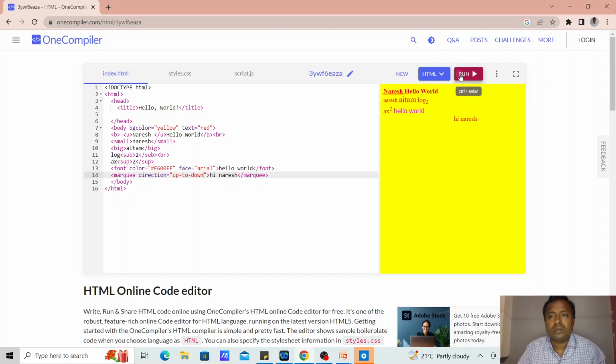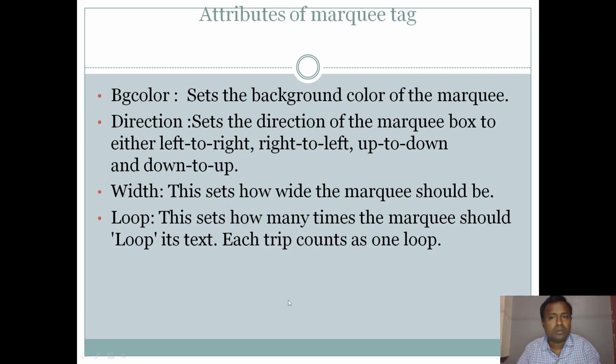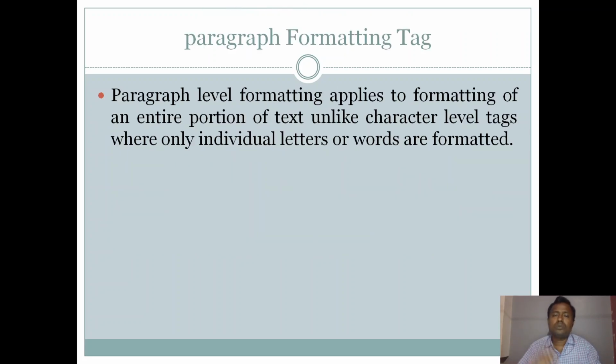Let's see what happens. Up to down. Yeah, you can check in different ways. You can also set the loop count, how many times it has to be repeated. Based on that loop count, it is going to scroll that many times.